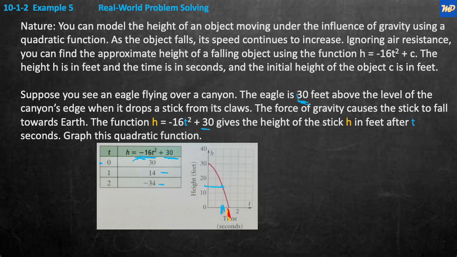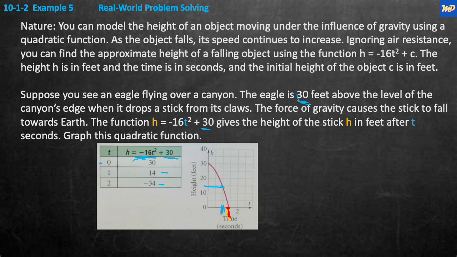We'd have to run the calculation and solve the height for 0. Well, I'll just tell you what you do. If you want to know exactly what time it will be when it hits the ground, you set h equal to 0.